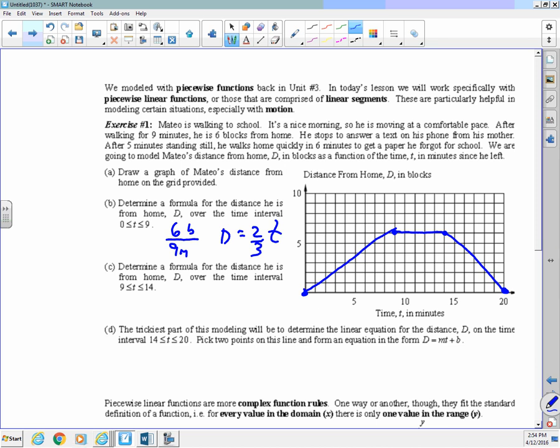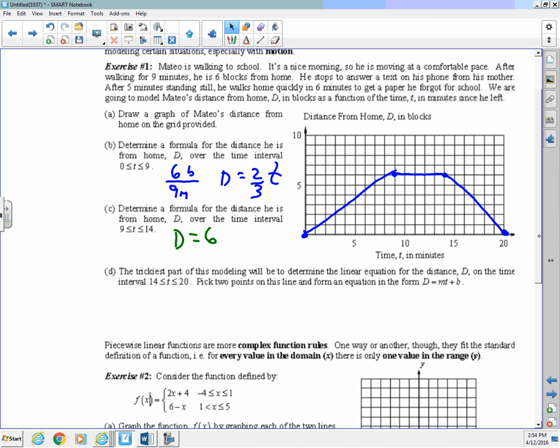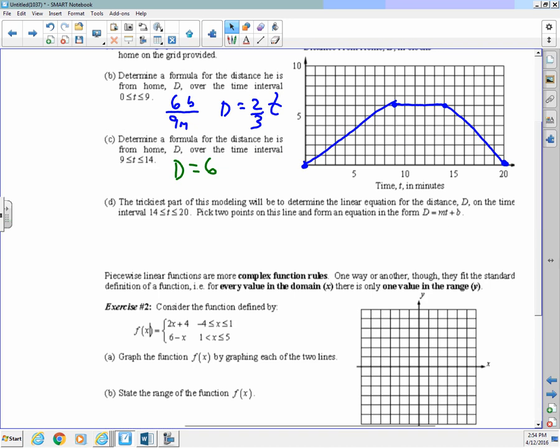Then from 9 to 14, his distance is 6. It's a constant. And then for the last interval, you have to be careful because it's sloping down. So we see that he went an extra 6 blocks.